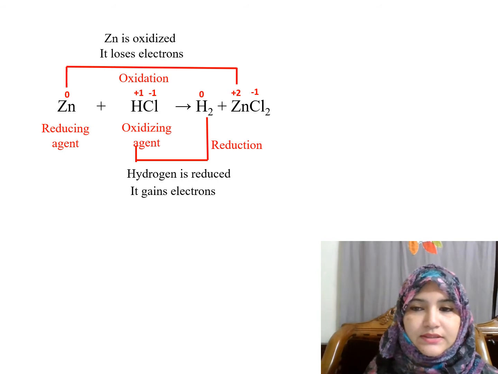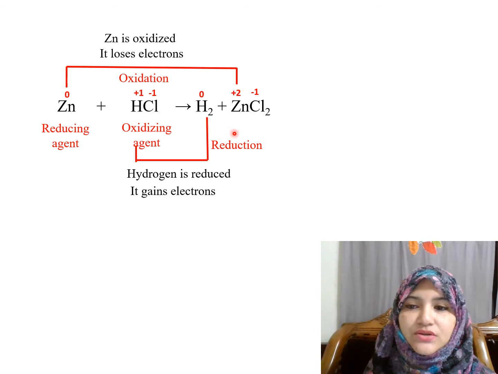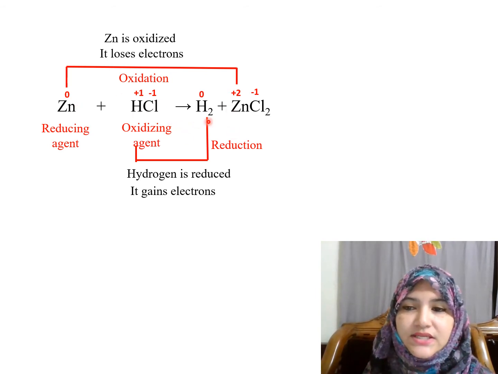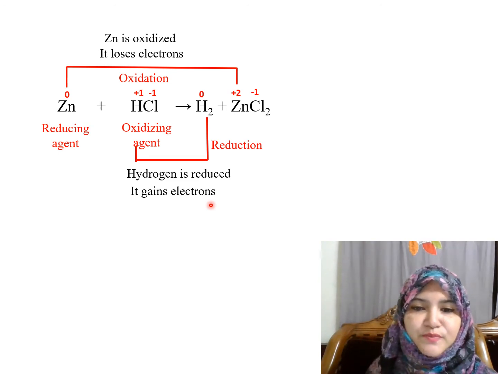Zinc metal reacts with hydrochloric acid to produce hydrogen gas and zinc chloride. This is a simple single displacement reaction.